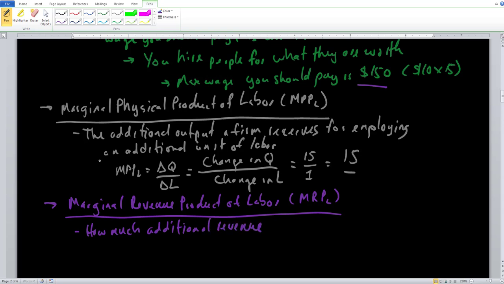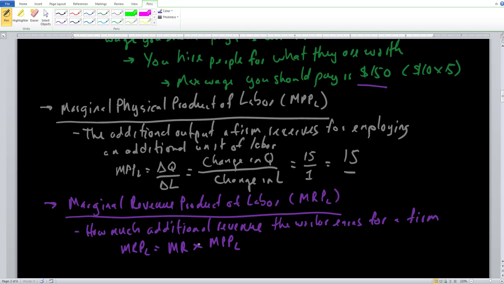So remember, we're taking a look at the marginal or additional amounts right here. The worker earns for a firm. And once again, there is going to be a formula that is going to be attached to this. MRPL is equal to the marginal revenue times the marginal physical product of labor.